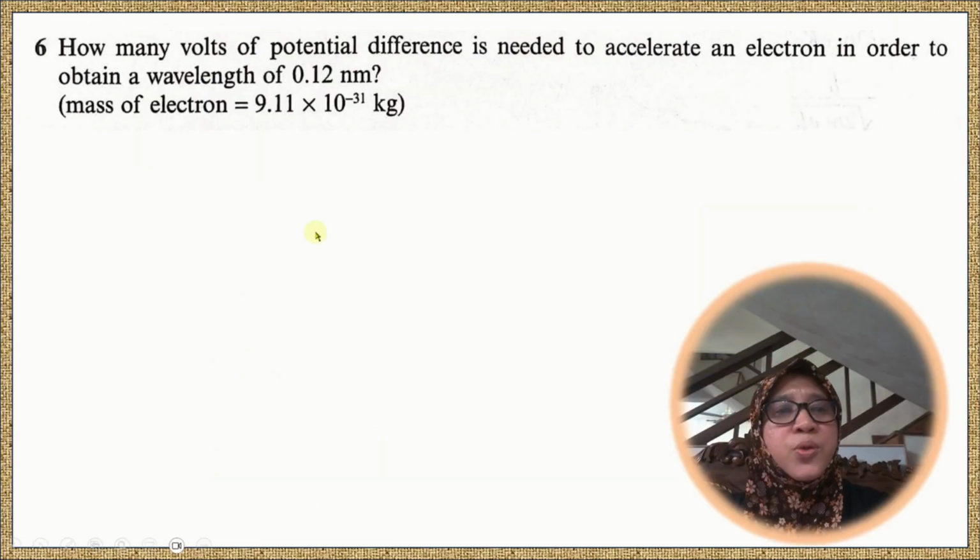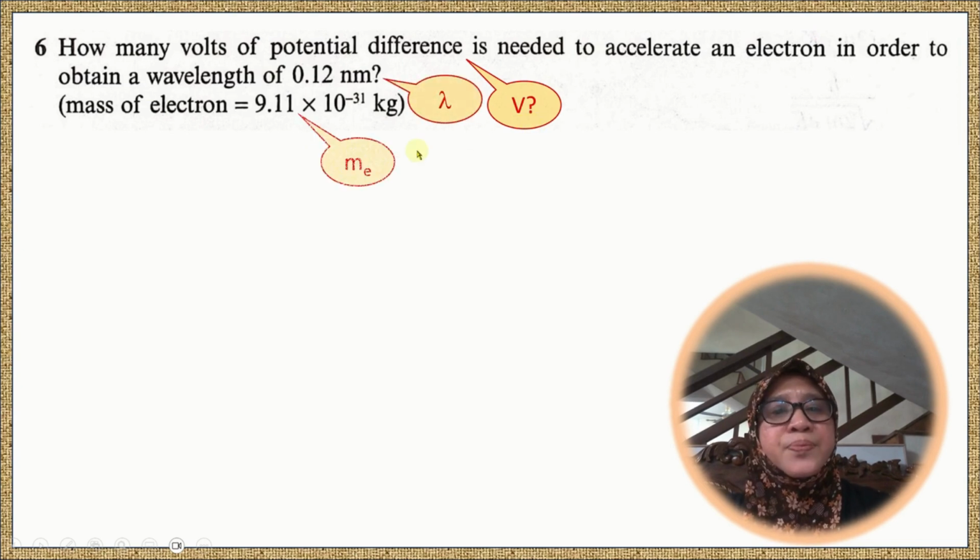Okay, now we go to question 6. How many volts of potential difference is needed to accelerate an electron in order to obtain a wavelength of 0.12 nanometer? The mass of the electron is given. We are going to find the potential difference.